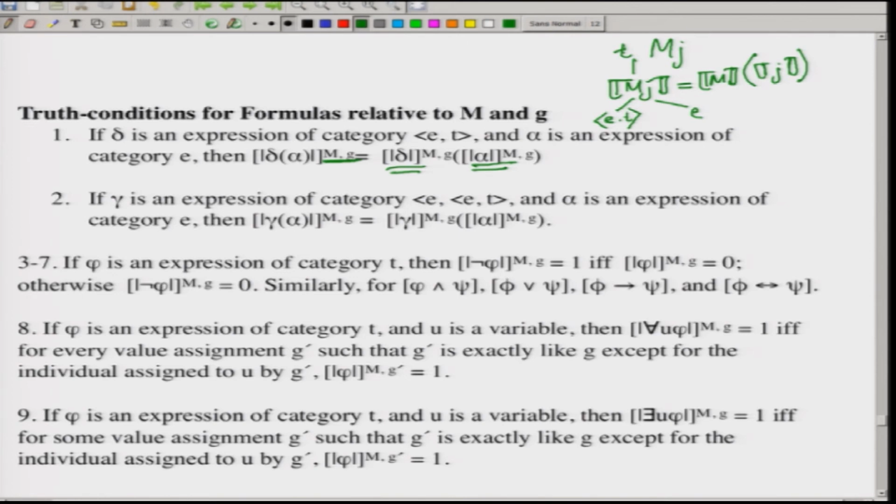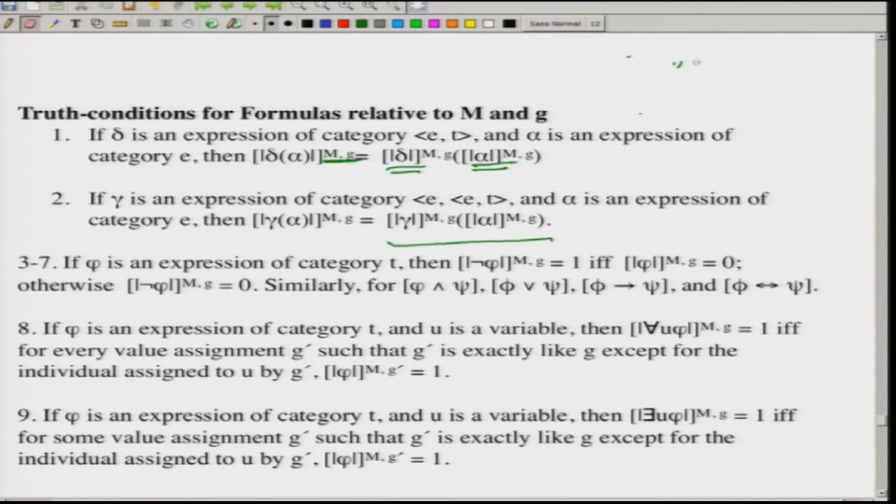If gamma is an expression of category e to e to t, that is a two place predicate, and alpha is an expression of category e, then gamma alpha is this construction. Consider a structure like 'loves John' in English.